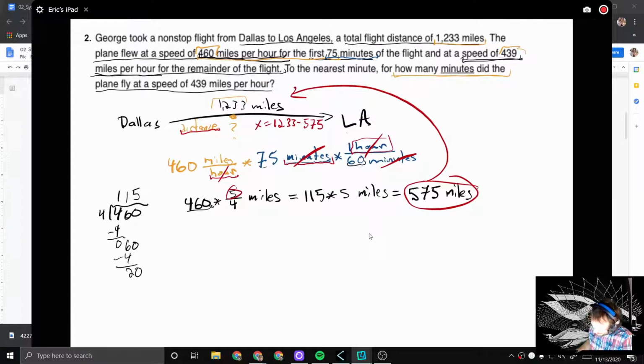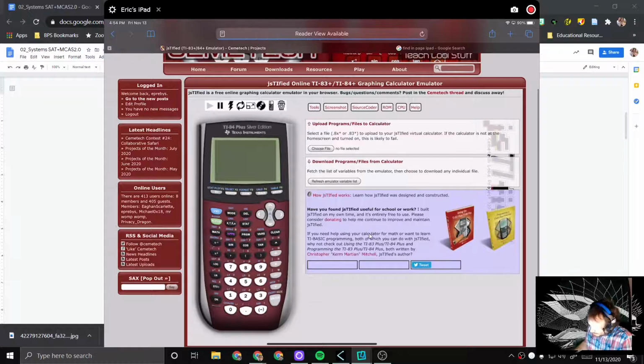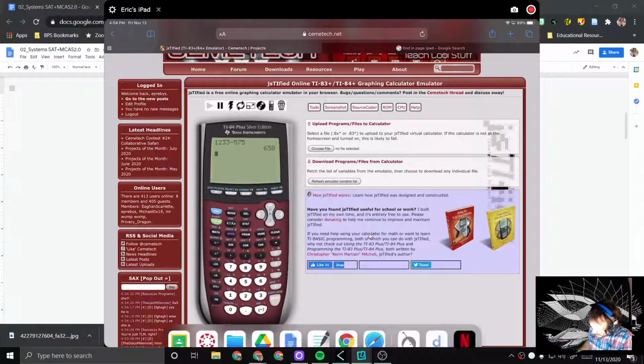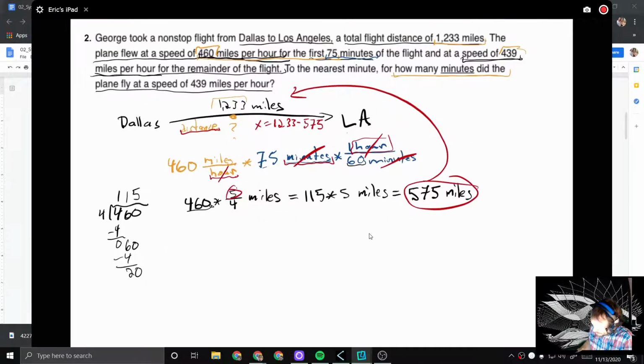I'm having fun with this. 1,233 minus 575. And you see we get 658. Lots of tricks to doing that. But that's the way I'm going to do it.